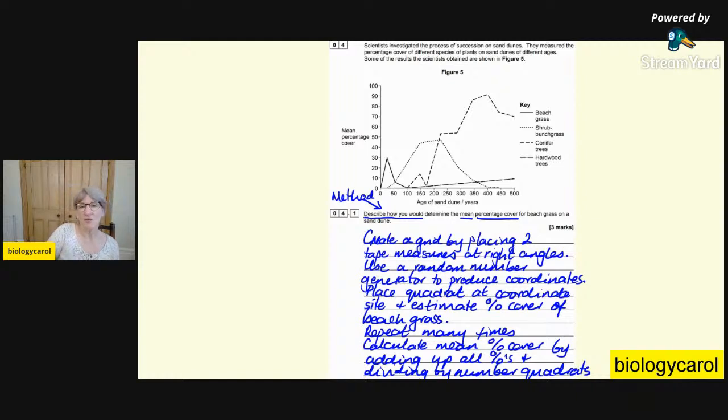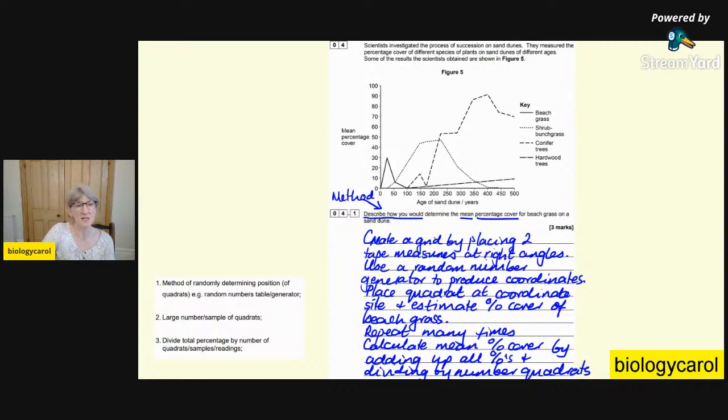Use a random number generator to produce coordinates. Place quadrat at coordinate site and estimate percentage cover of beach grass. Repeat many times. This is basically my method. I know it's going to have repeat many times in it. And then calculate mean percentage cover by adding up all the percentages and dividing by the number of quadrats, dividing by the number of percentages.